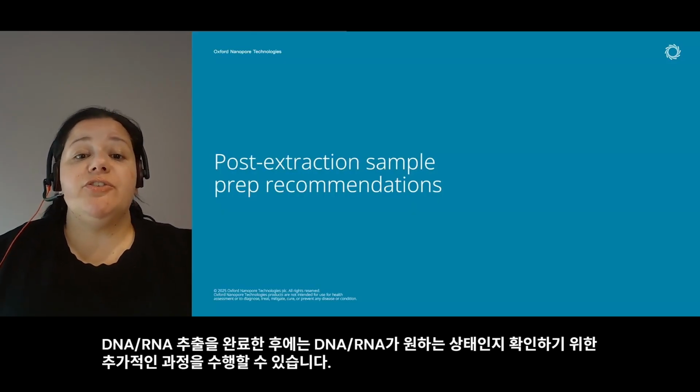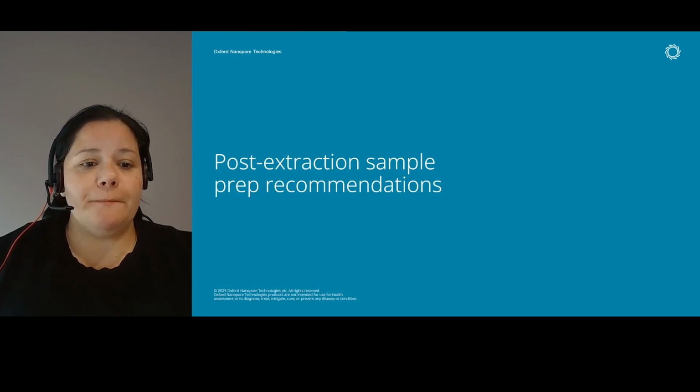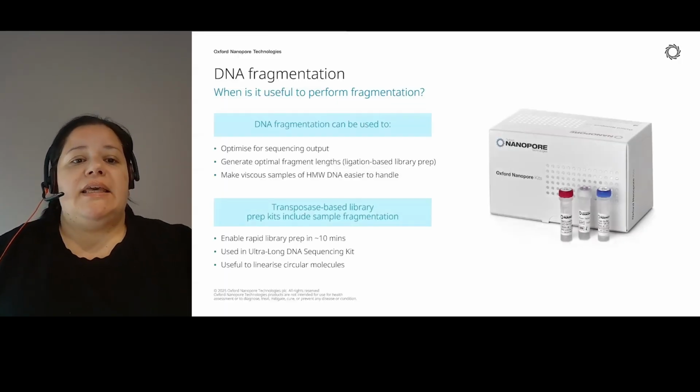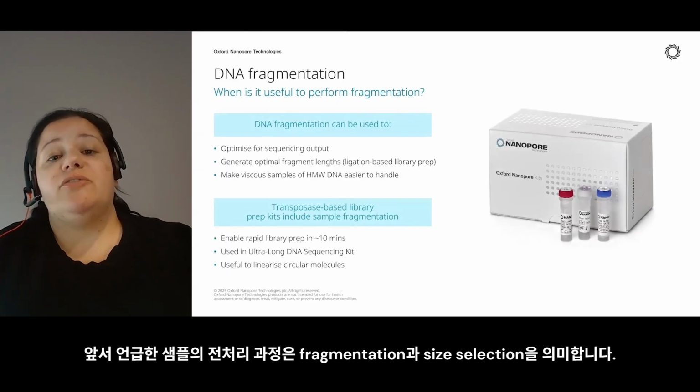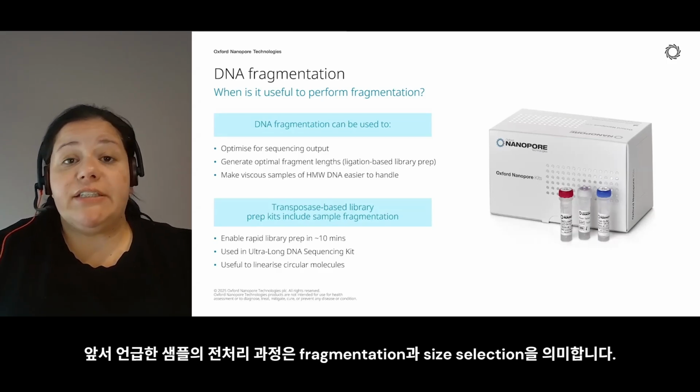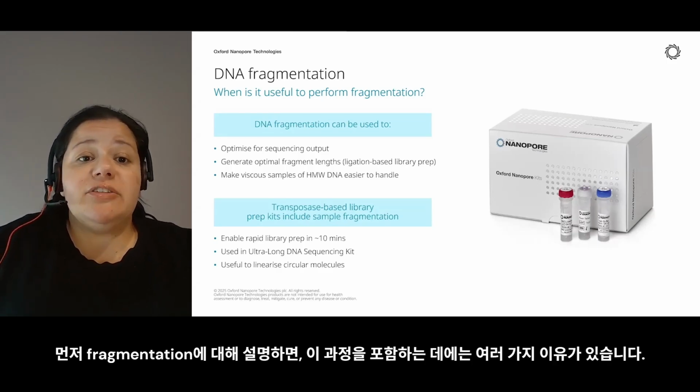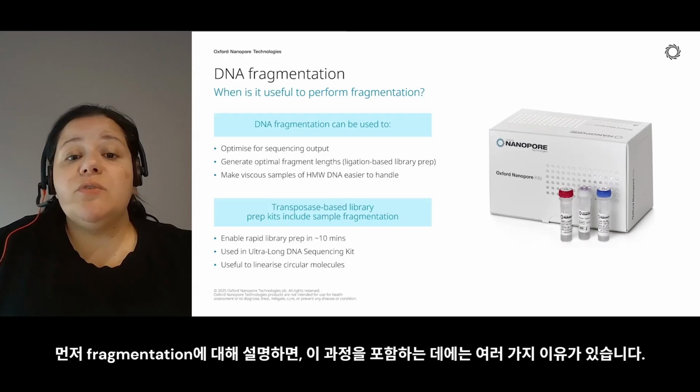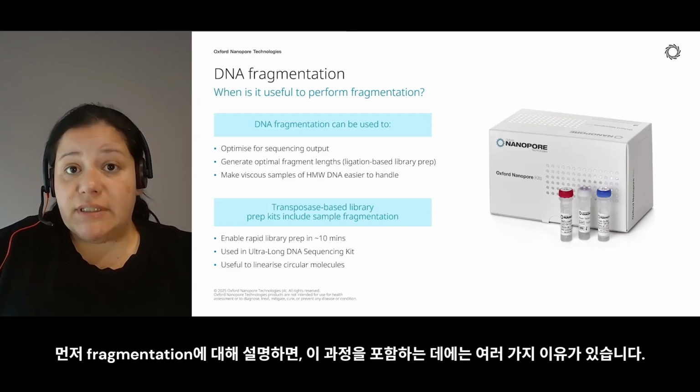Once you have extracted your sample, there are other steps you can take to make sure your DNA or RNA looks the way it needs to. So I previously mentioned manipulation of the sample, and that's basically fragmentation and size selection. Now, starting with fragmentation, there are several reasons why you would want to include this step.